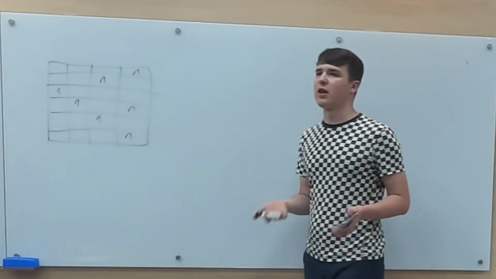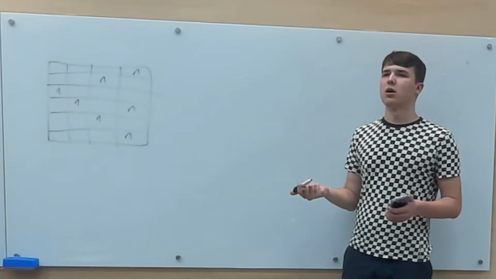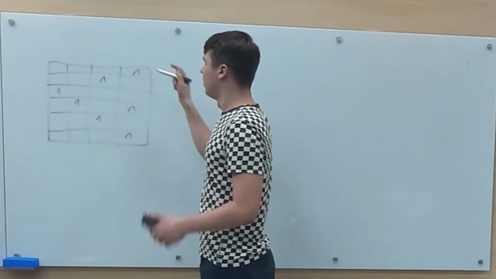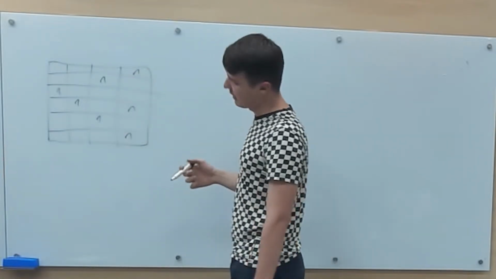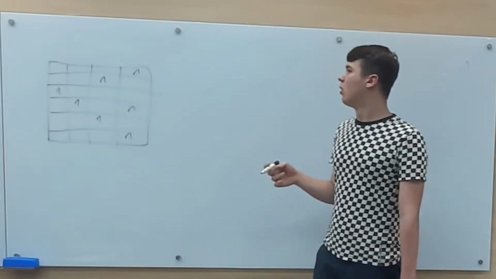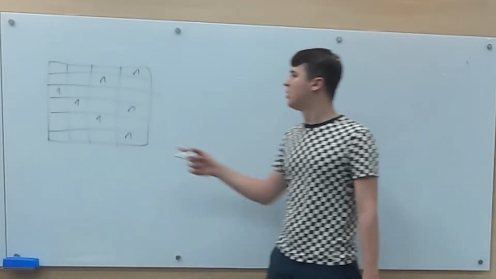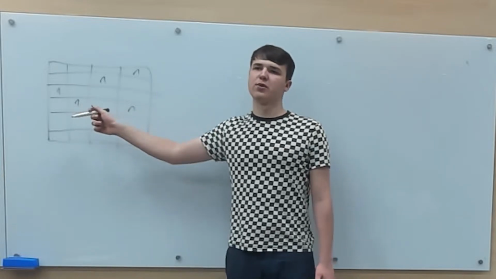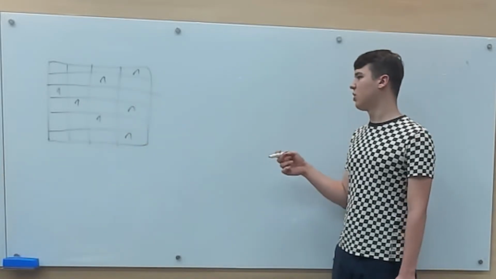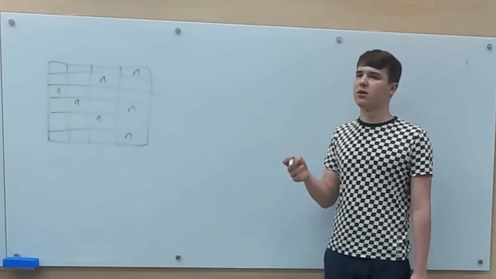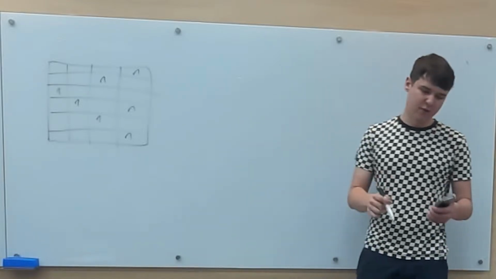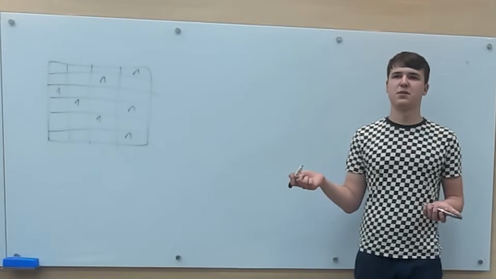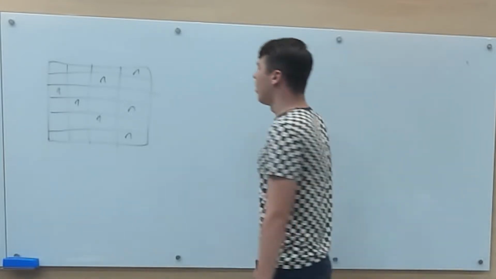What does minimum vertex cover mean here? It means that in every column we want to have either all the zeros or all the ones picked, and in every row we also want either all the ones or all the zeros picked, right? Who understands this?